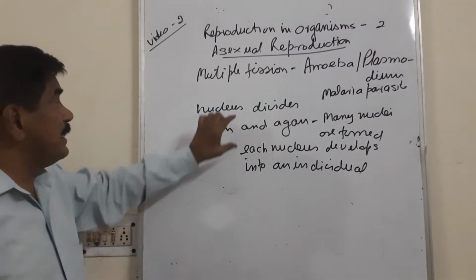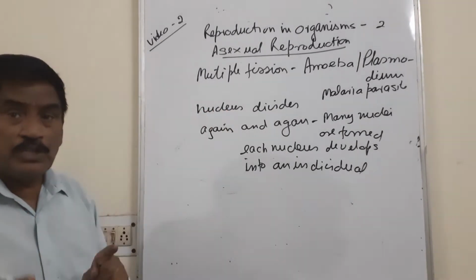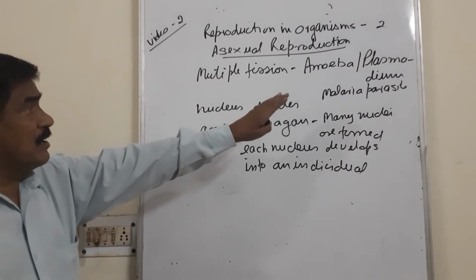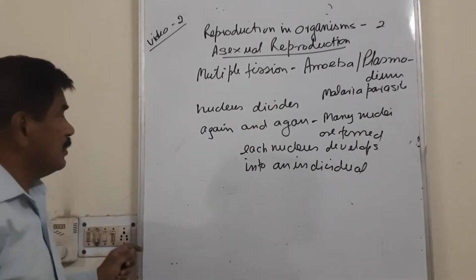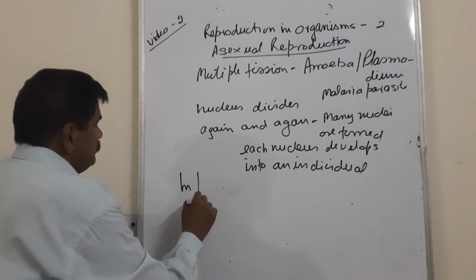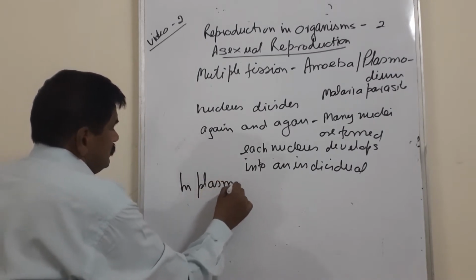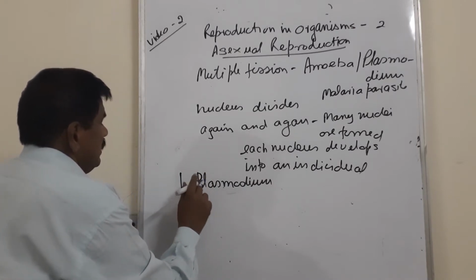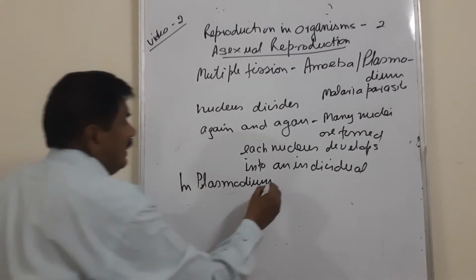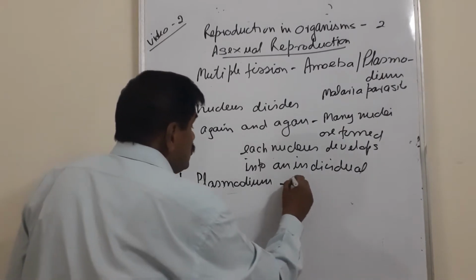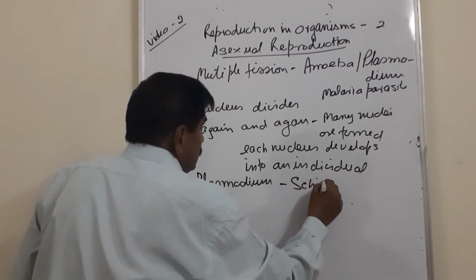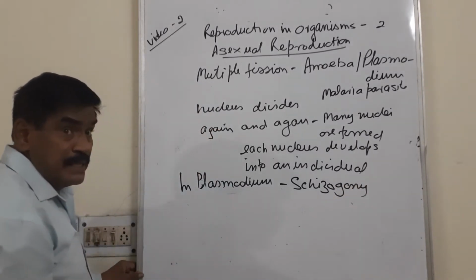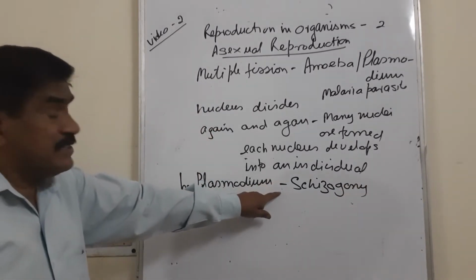In Plasmodium, regarding multiple fission, 2-3 questions are very important. What is the multiple fission called in Plasmodium? In Plasmodium, the multiple fission is called schizogony. And secondly, where does it occur?